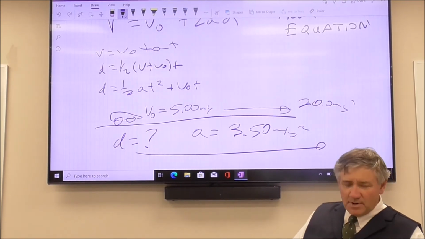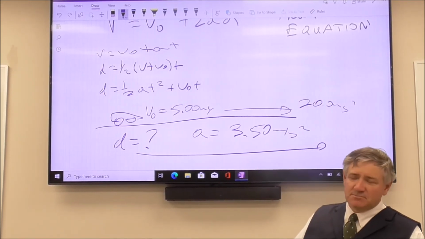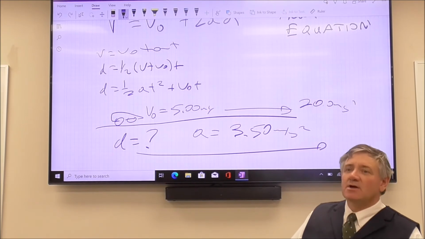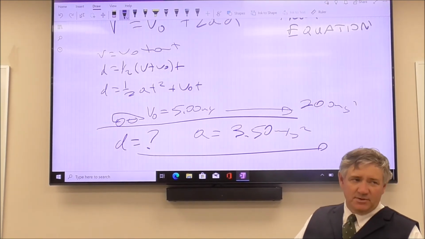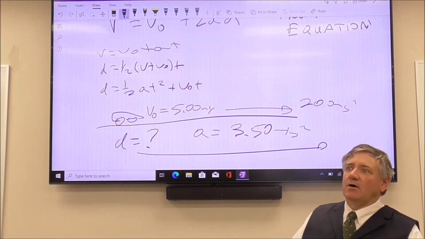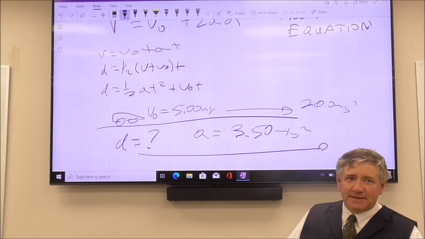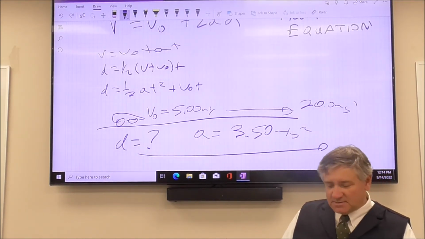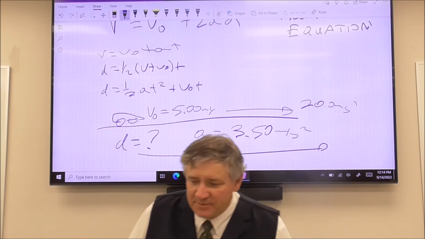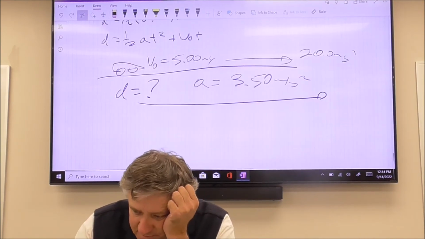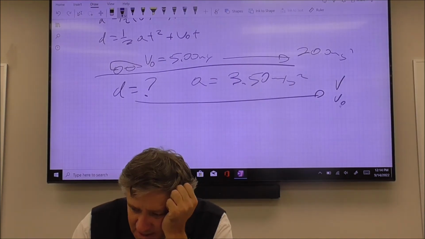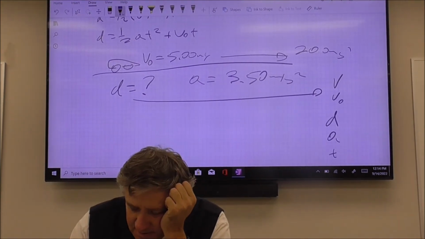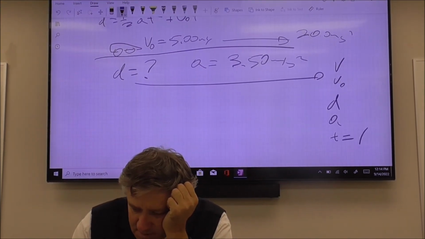So when you get a problem like this, that's the beauty of that equation. When you read a problem and you don't have time, don't flip out and go, oh, this is bad. This is why that equation exists. So if you want to do the variables, we've got v naught, delta d, and time is not there.